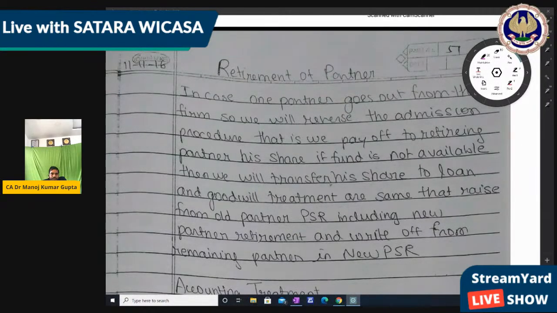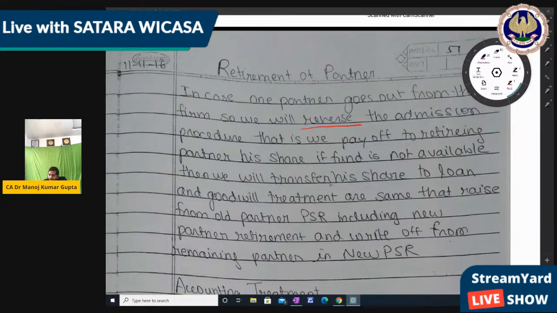In case one partner goes out from the firm, we will reverse the admission procedure. Actually, it's a reverse. That is, we pay the retiring partner his share.